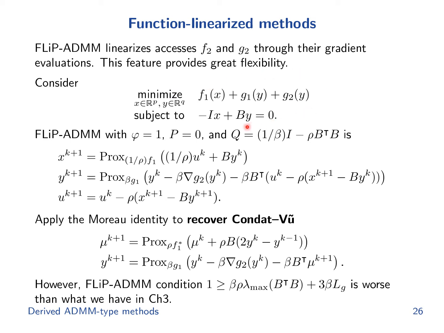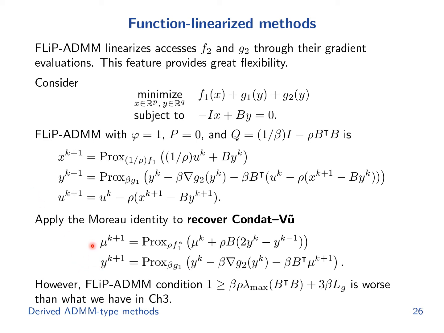Consider this formulation where we also include g2 of y as a differentiable function besides g1. Apply FLIP-ADMM with rho, phi equal to 1, P equal to 0 matrix, and this Q matrix. This gives us this formula, and applying the Moreau identity to deal with the proximal of f1 star instead of the proximal of f1, we obtain this two-step, more compact form of the same iteration.